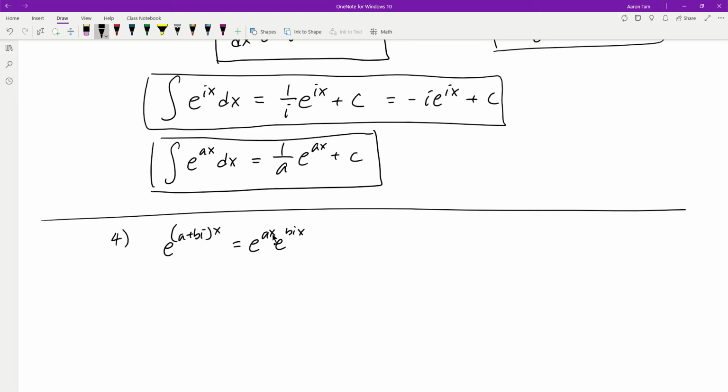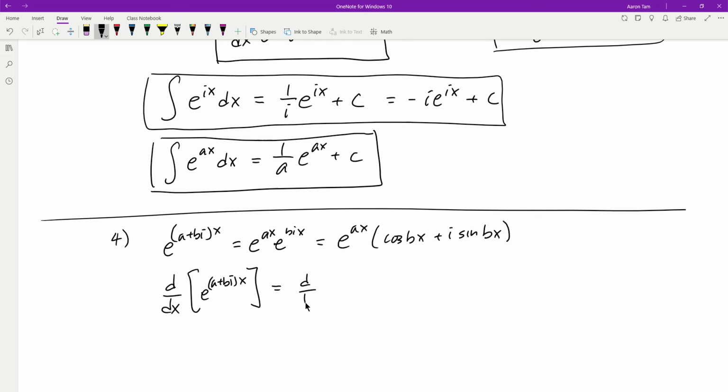And so therefore it is just e to the ax multiplied by cosine bx plus i sine bx. Good. So therefore, if I want to form the derivative of this thing, I will just do the same thing I did before.